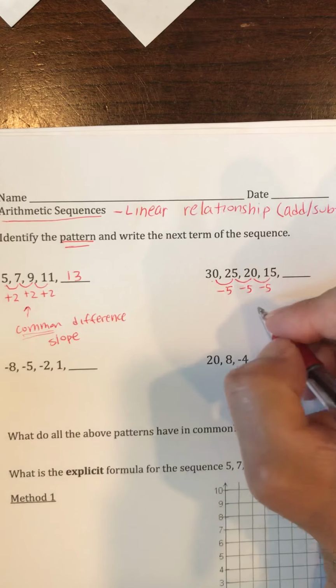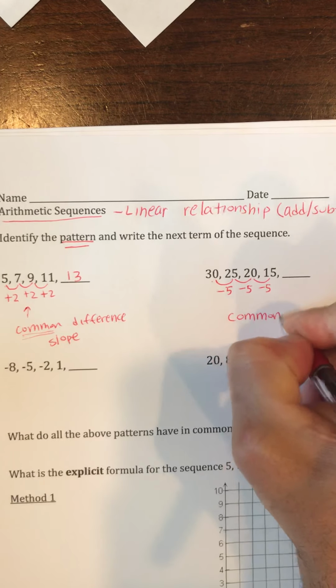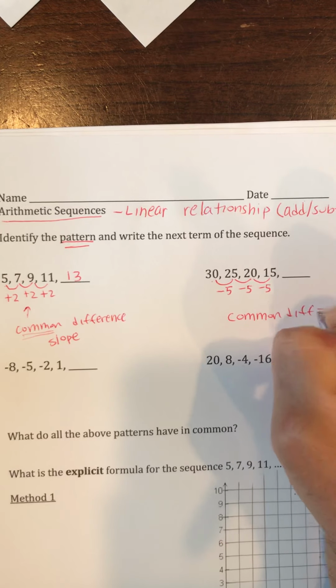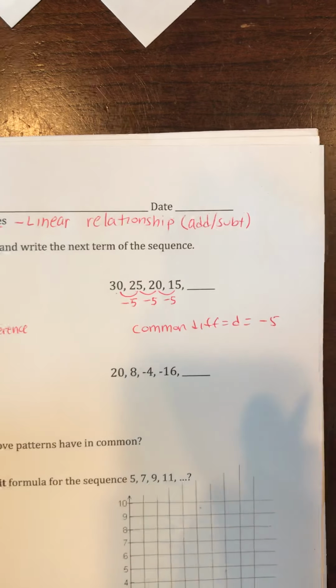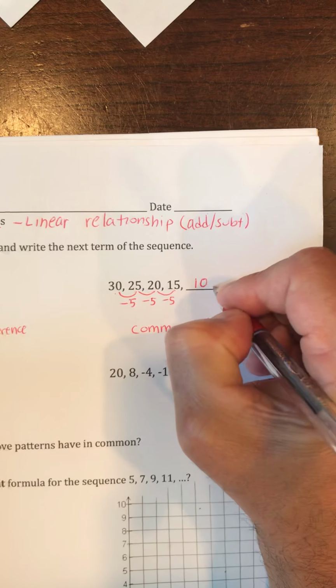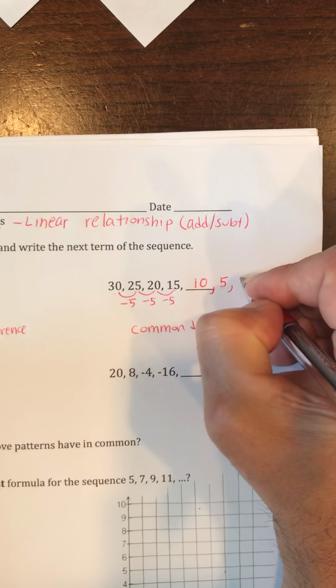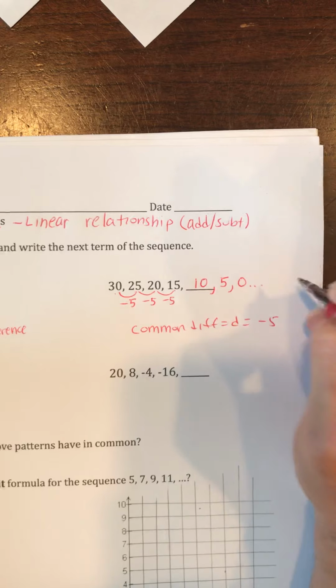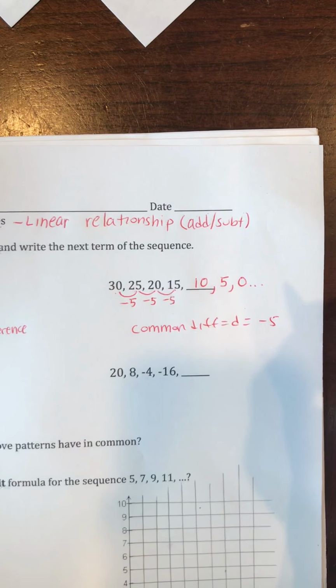So this -5 is our common difference, and we use D for difference, D is -5. If you continue going down by 5, the next term would be 10. If you wanted to keep going, it would go to 5, then 0, and you can keep going on and on forever.